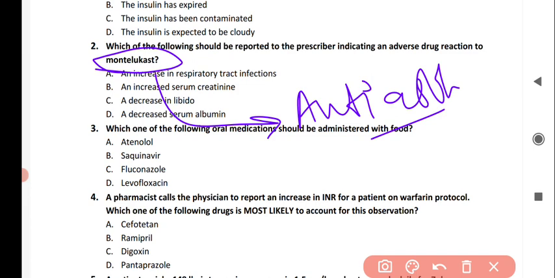The most common side effects that can be seen with montelukast are upper respiratory infection, fever, headache, sore throat, ear infection, sinus infection, runny nose, stomach pain, diarrhea, etc. So these are the several common side effects associated with the use of montelukast.